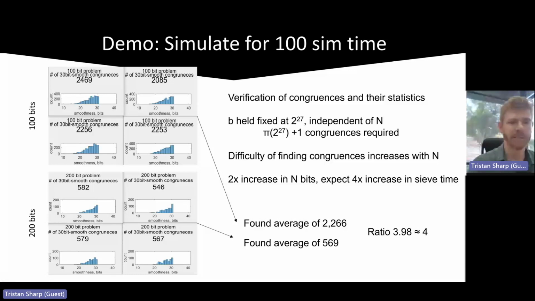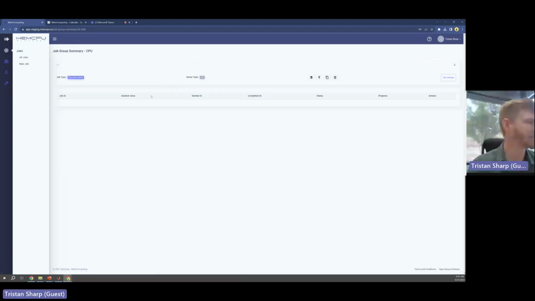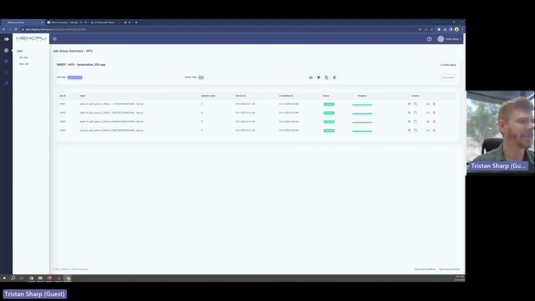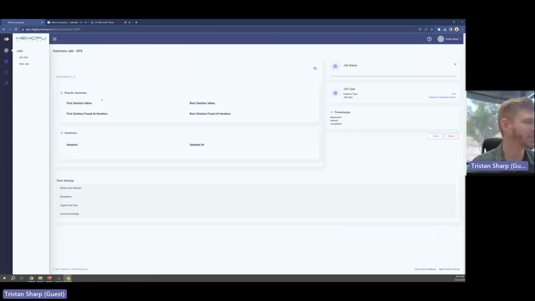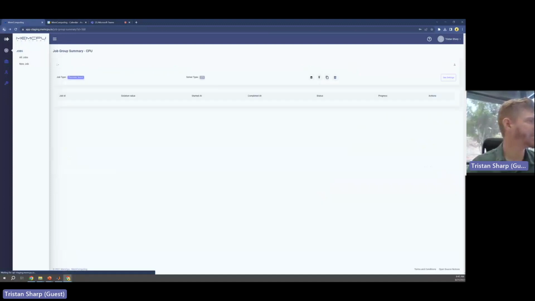So let's jump back to here, and I'll show you the timings, for example. Also, there's a lot of analysis information that we provide with each run, which are in files that you can download. You can also see here that the runtime was 1 minute and 22 seconds for this 200-bit problem.